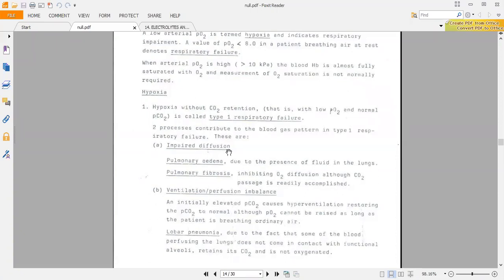That's the only problem. One cause of this is pulmonary edema.